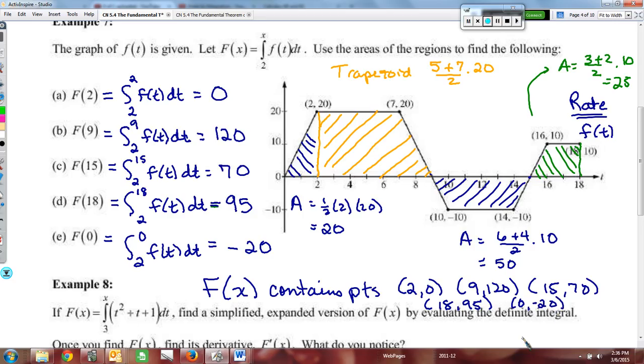So I'm actually creating this function by plugging in values of x and calculating the accumulation of area from the position x equal to 2.